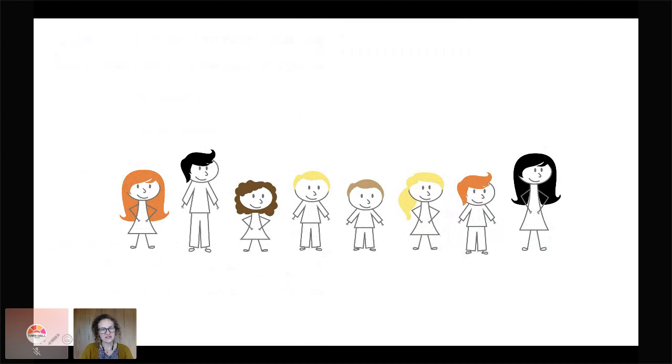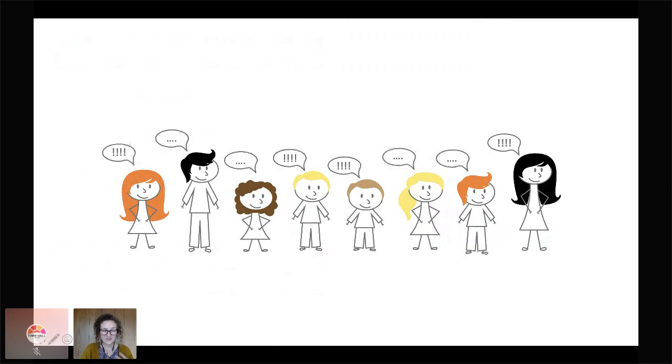But if you dig a little deeper, there's also differences between people that are not visible. An example of this is people's personalities. Some people might be more extroverted, while others might be more quiet and introverted. So really, each person is unique because of a combination of both visible and invisible features.